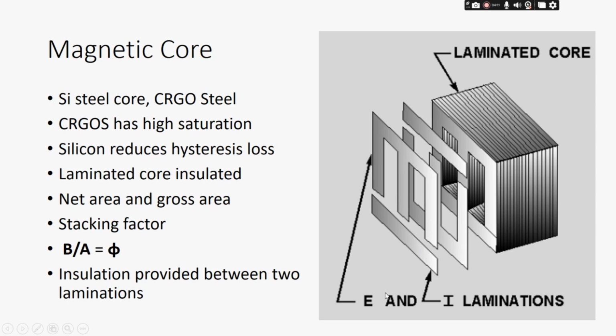So this E and I type of lamination, and generally the magnetic core is made of silicon steel, CRGO steel. CRGO steel has a high saturation level, and silicon reduces hysteresis loss.